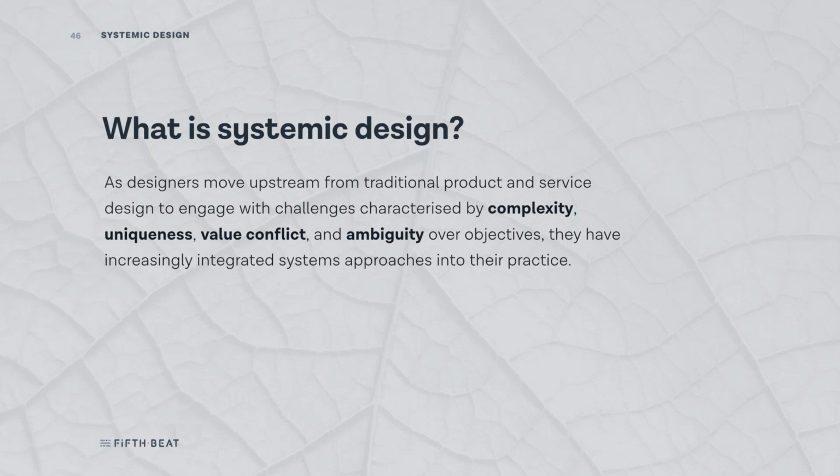Because until, let's say, 10 years ago, the design fields were divided according to the artifact, the output of the design activity. So product design is, okay, you're a designer and you realize a product, or a service designer, you realize a service. You design processes and procedures.